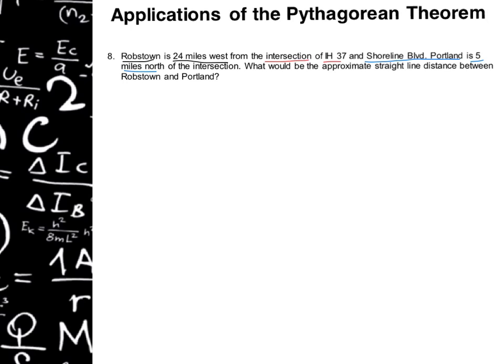So, just to refresh our memories, our directions are north, east, south, and west. So I would start at the intersection because that's where it's giving me directions. So I could say, here's my intersection, IH 37. It says Robstown is 24 miles west. Well, west would be this direction to the left.